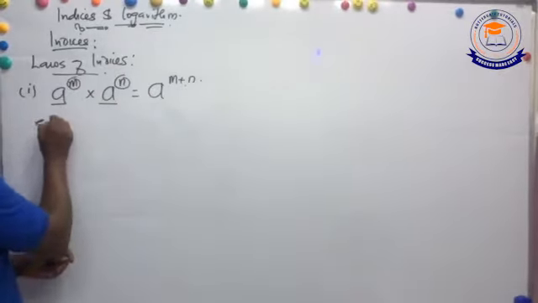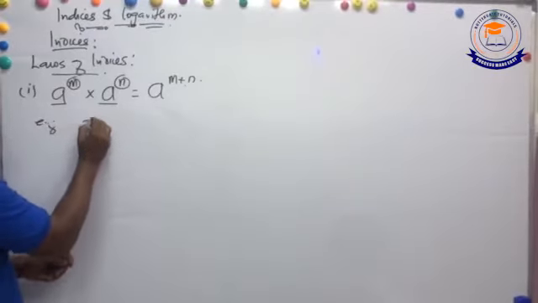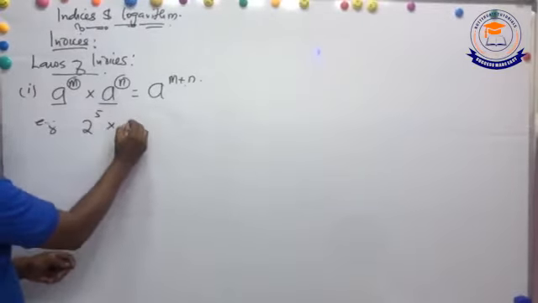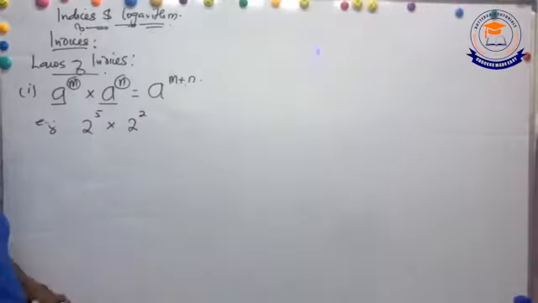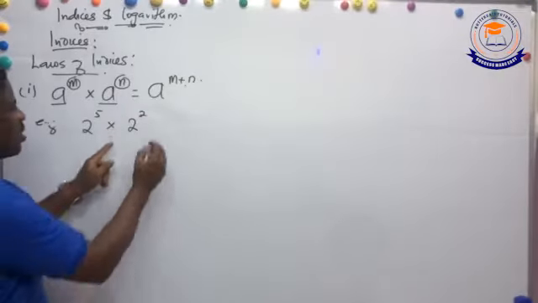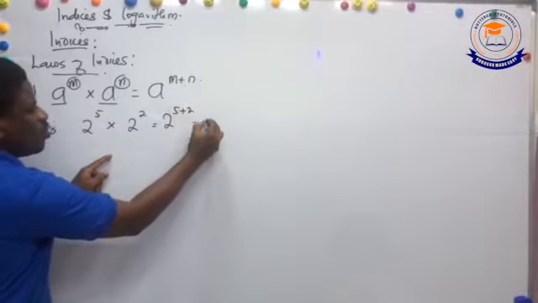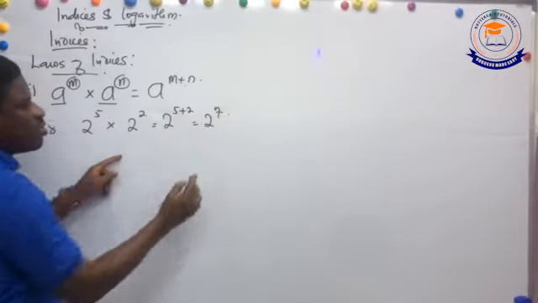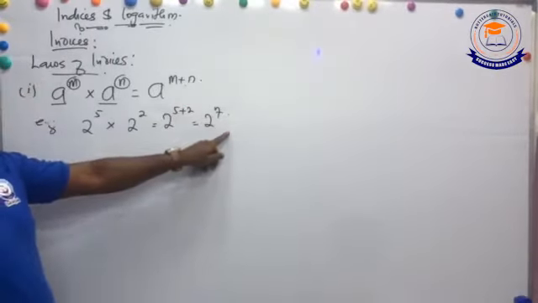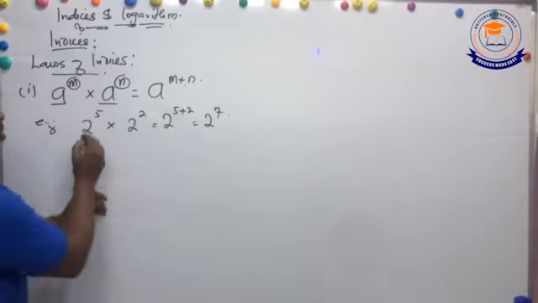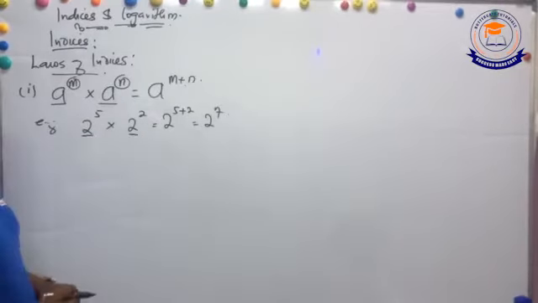Take for example, 2 raised to the power of 5 multiplied by 2 raised to the power of 2. What does the law say it will be? 2 raised to the power of 5 plus 2, which is 2 raised to the power of 7. That's what the law says once the bases are the same.